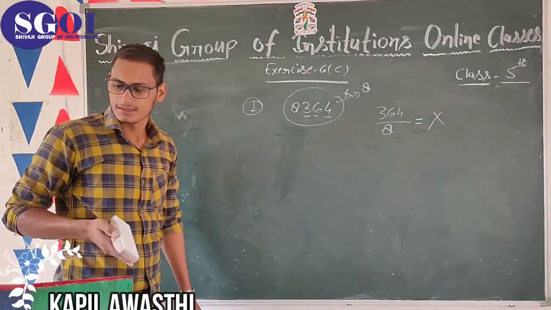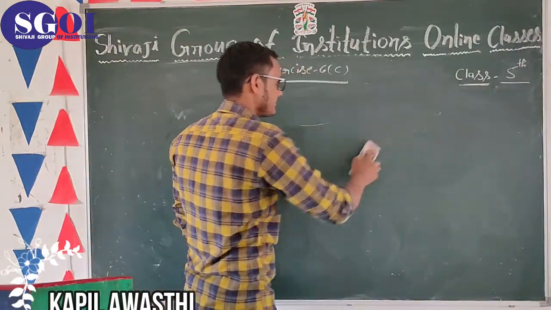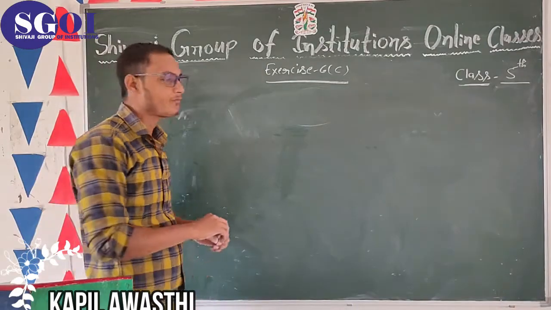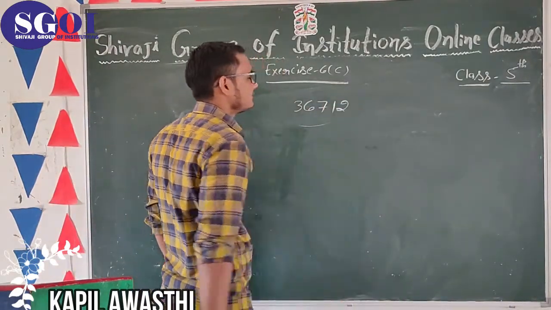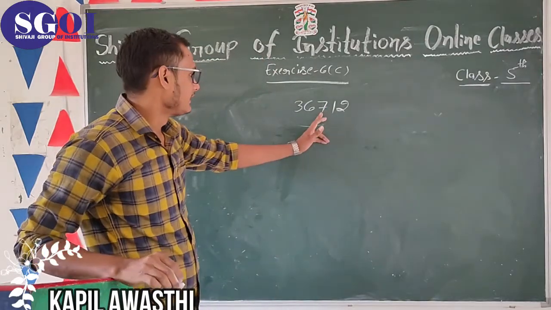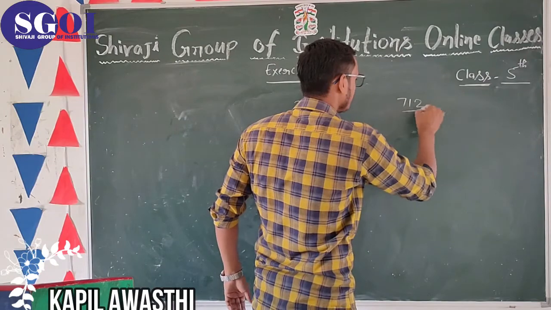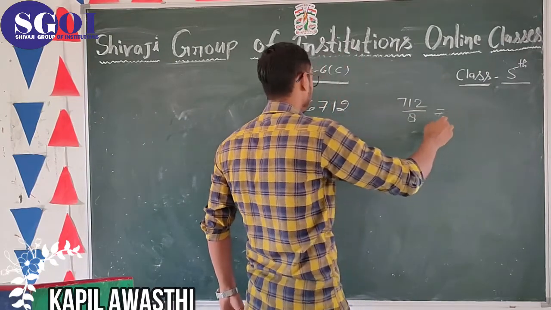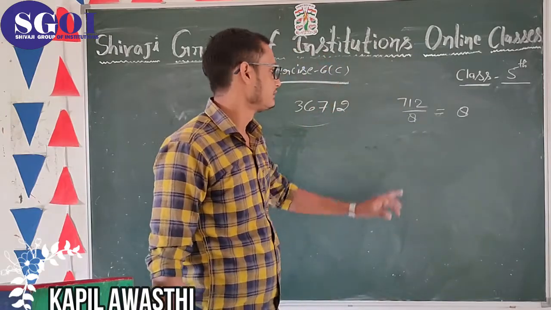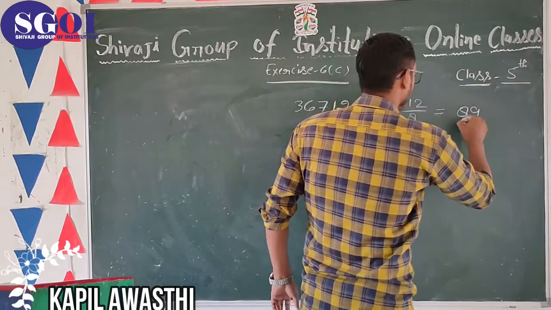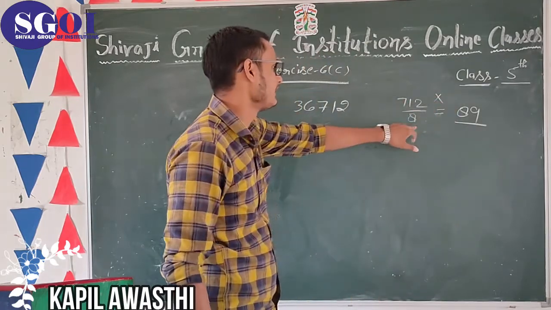Question number 3, 36,712. The rule is the same. We check whether the hundreds, tens and ones place number is divisible by 8 or not. 712 is fully divisible by 8.